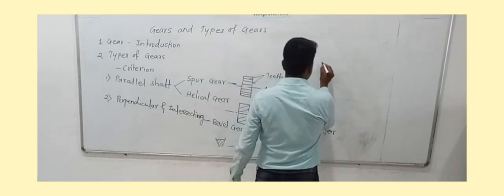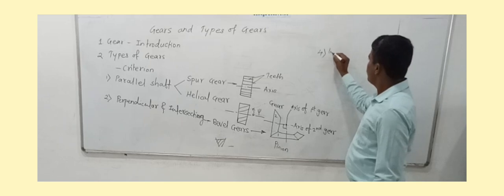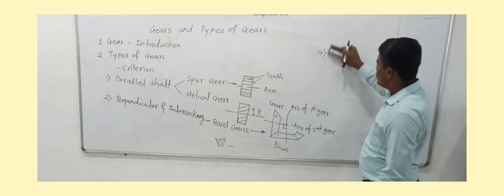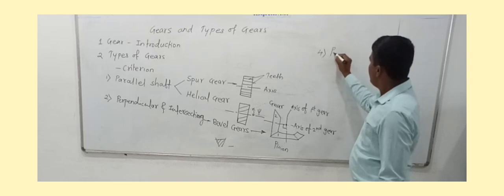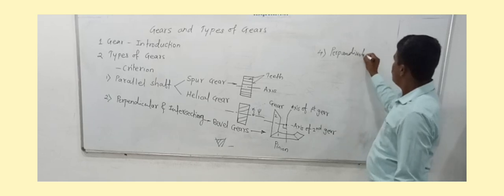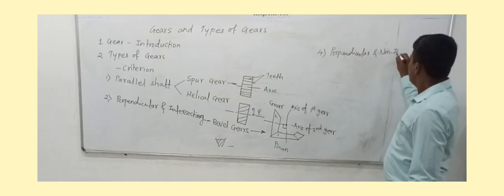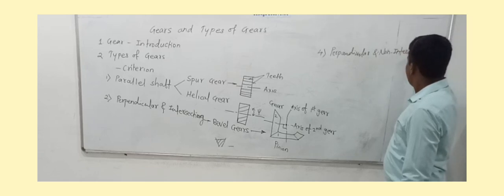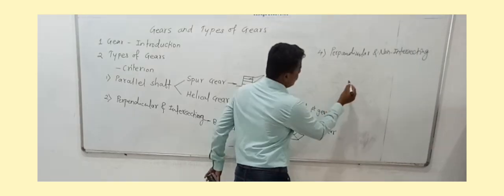And the fourth one: the worm gears. In case of worm gears, the position of shaft is perpendicular but non-intersecting. In this case, if you want to draw a figure, you will draw like this.